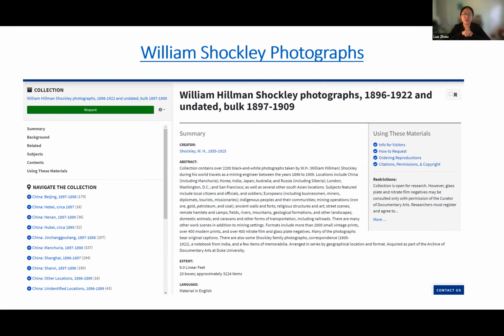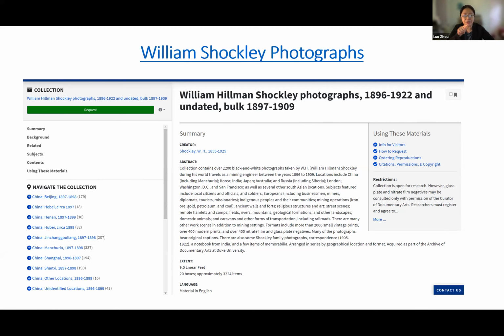So we decided to go to level 4, that is the item-level description of each individual photo. And we did that. Here you see the finding aid that we finally published. If you click the arrow, you're going to see each individual photo with the detailed metadata for all the photos within the sub-series of Beijing. As you can see, there are 179 photos in that sub-series.